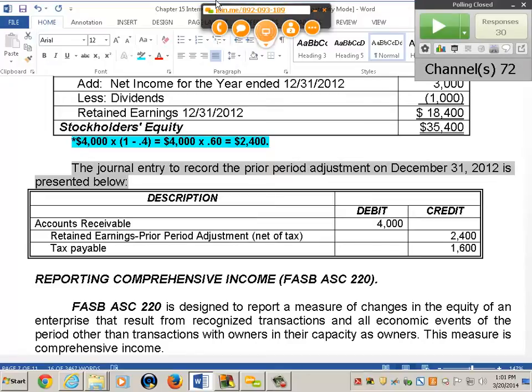Yeah, let's say it's sales. Then you have to record tax expense at 40%. What do you debit? Tax expense, right? Tax payable, right. All right, so that's how you would record that transaction.